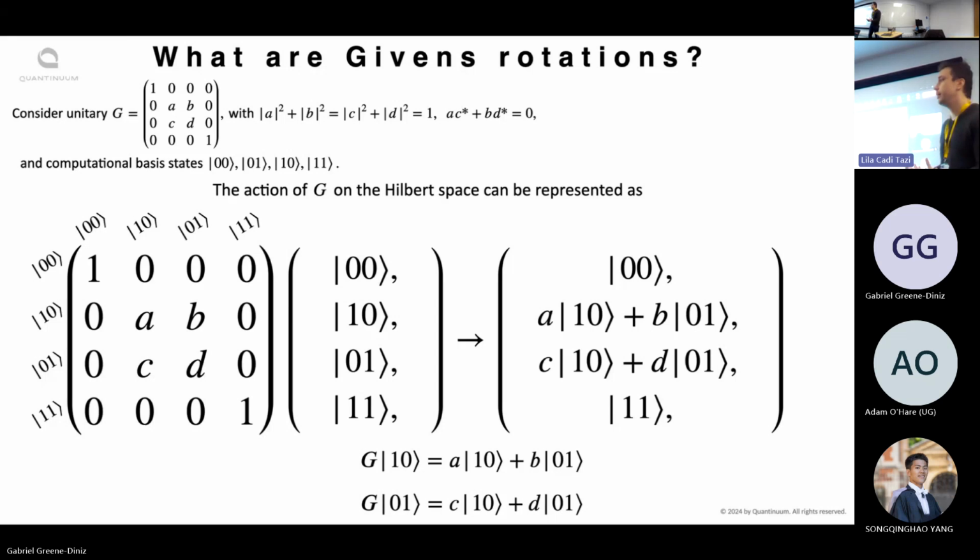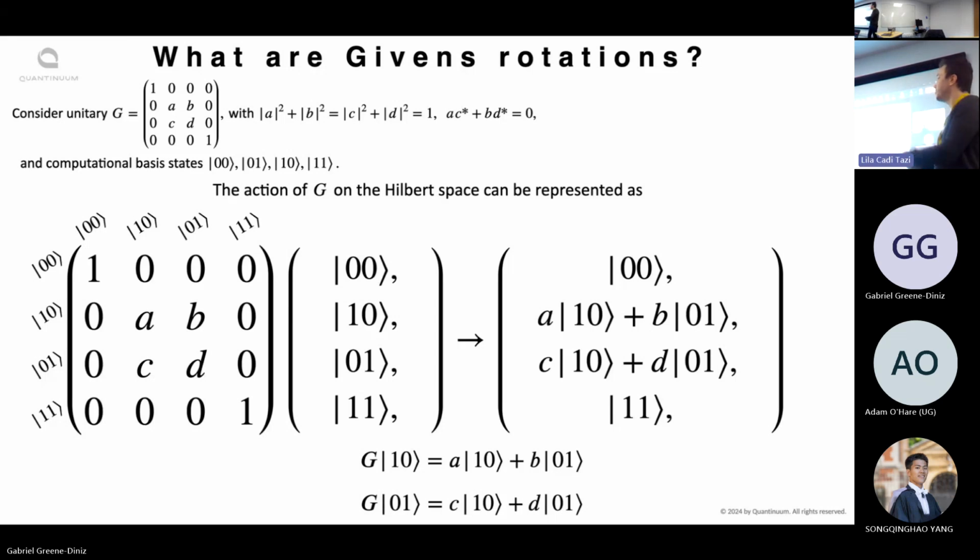So it kind of comes out of how the code works. But you're kind of right, Alex, in that a single Givens rotation, the symmetry it preserves depends on the matrix elements and what basis states it's going to mix.